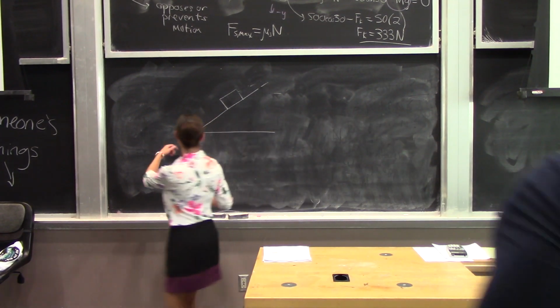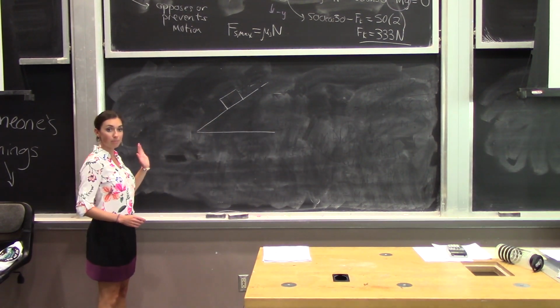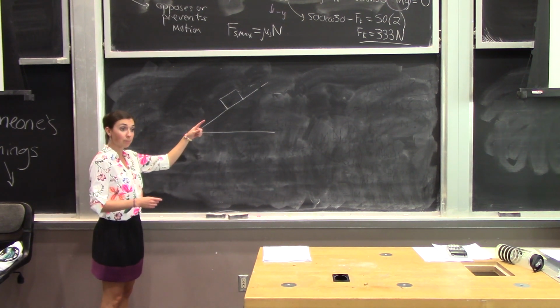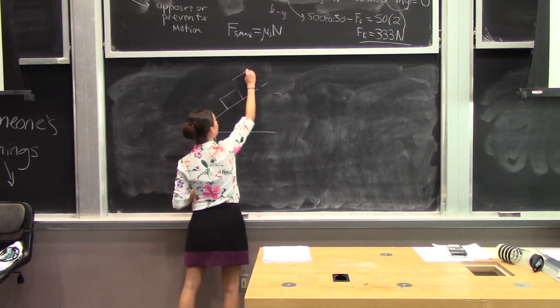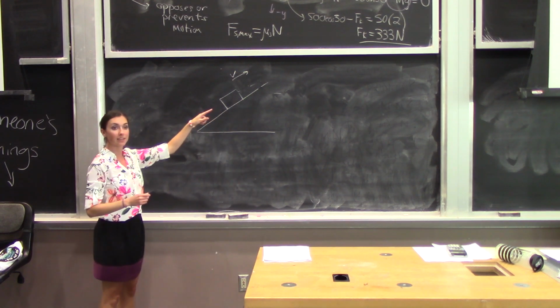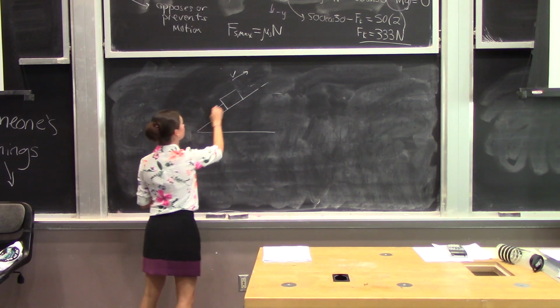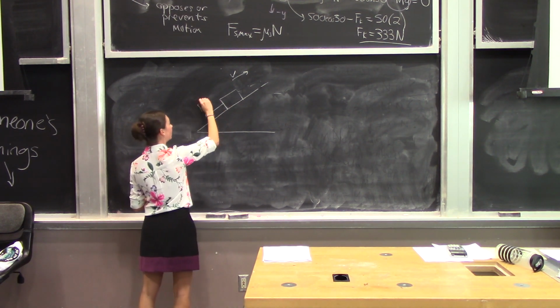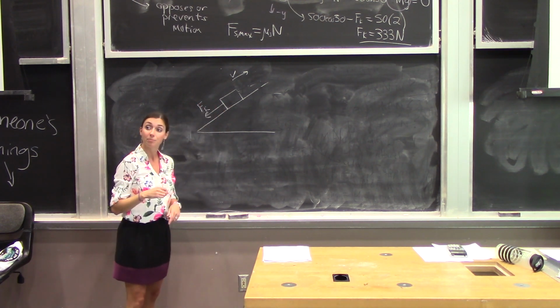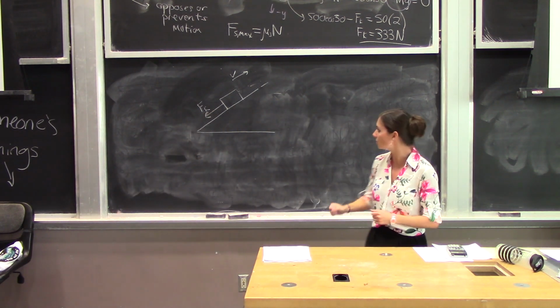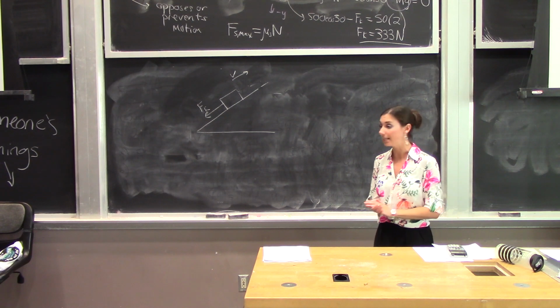So with this one, if we kick the object at the bottom, so we give it some reason to go moving upwards. So now our motion of the object is going up along the incline. And again, if there's friction there, it's going to oppose that motion. So your friction in this case, now I'm going to write kinetic friction because now we're actively moving. So it's going to be kinetic friction, unlike the last problem.